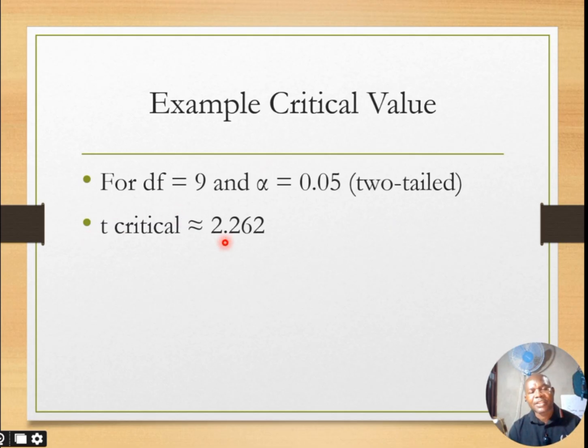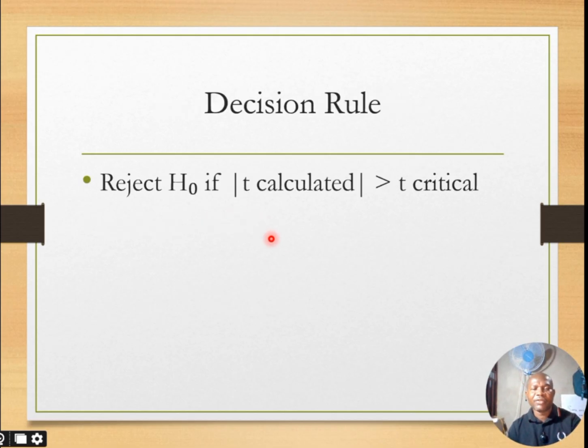When we check our table, you discover that this is the value at the point of intercept, because our degree of freedom will be on the row, as significance level will be on the column. When we trace it, we're going to get this particular value for a two-tailed test, and that will be our t critical. It is this t critical we are comparing with the t calculated to determine our level of significance.